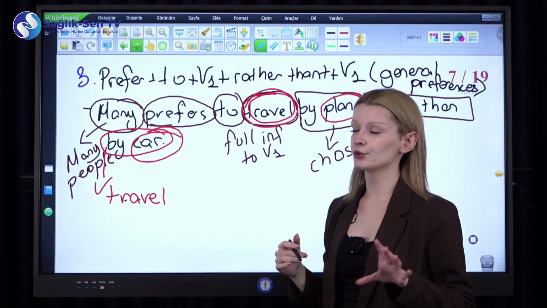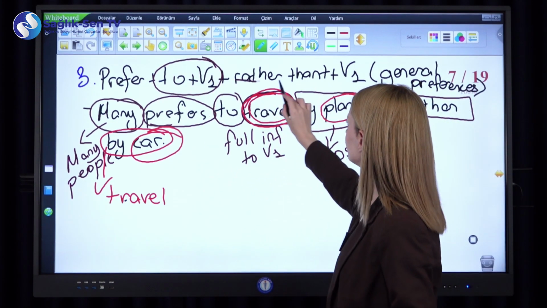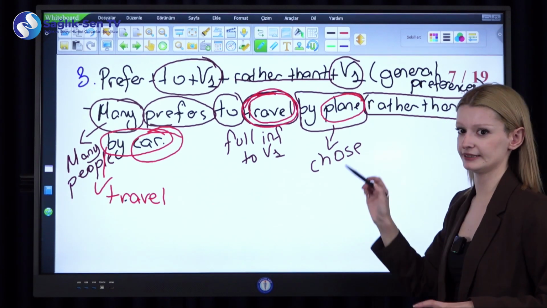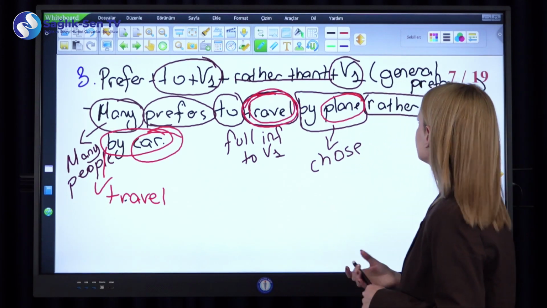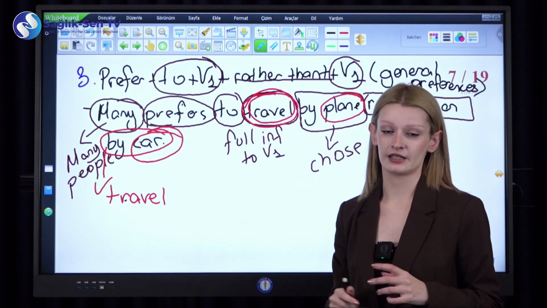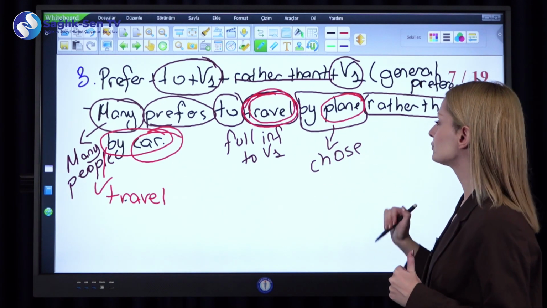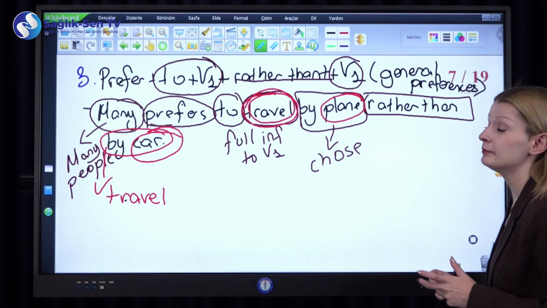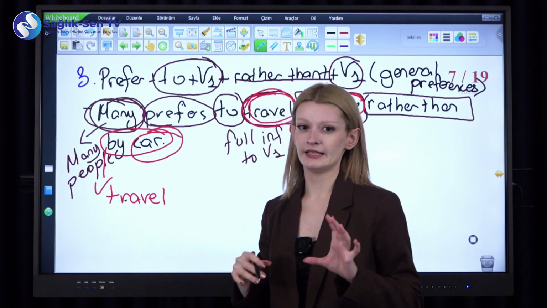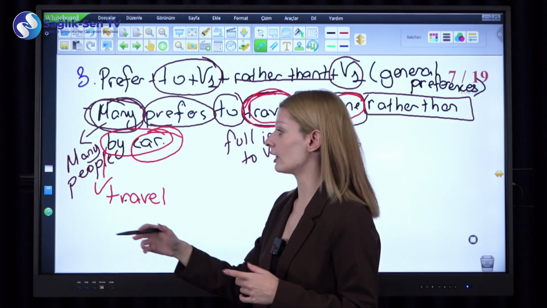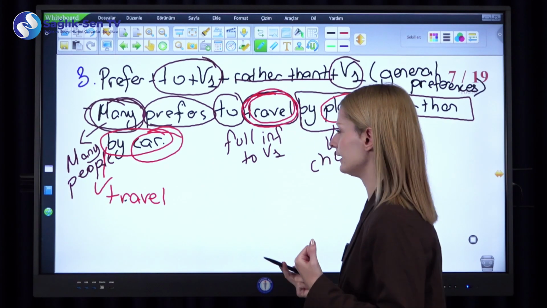And our third use was prefer with full infinitive rather than bare infinitive, and we use this one to express our general preferences, our go-to choices. Many prefer to travel by plane rather than by car. Our subject many actually stands for many people, but for short it's many.